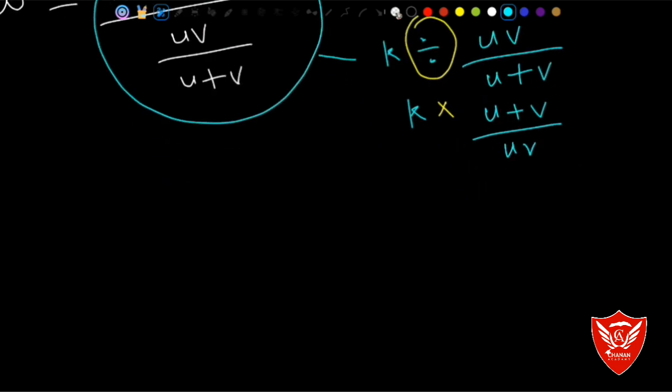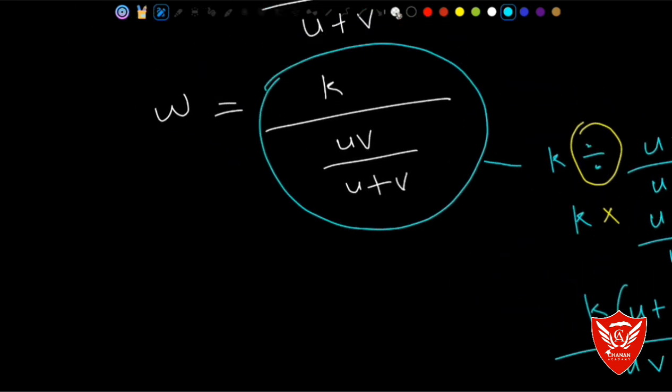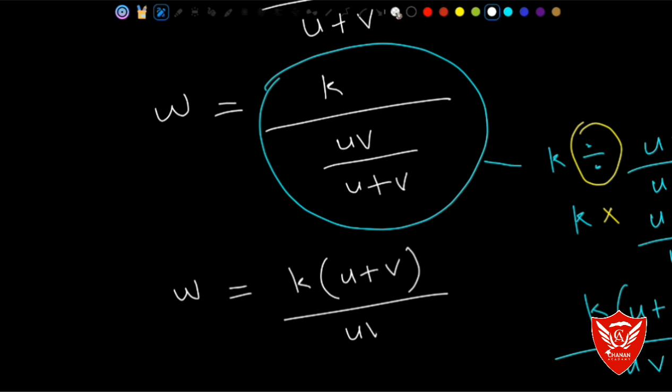So it is K multiplied by U plus V over UV, so K in bracket U plus V all over UV. Therefore, our relationship becomes W equal to K(U plus V) all over UV.